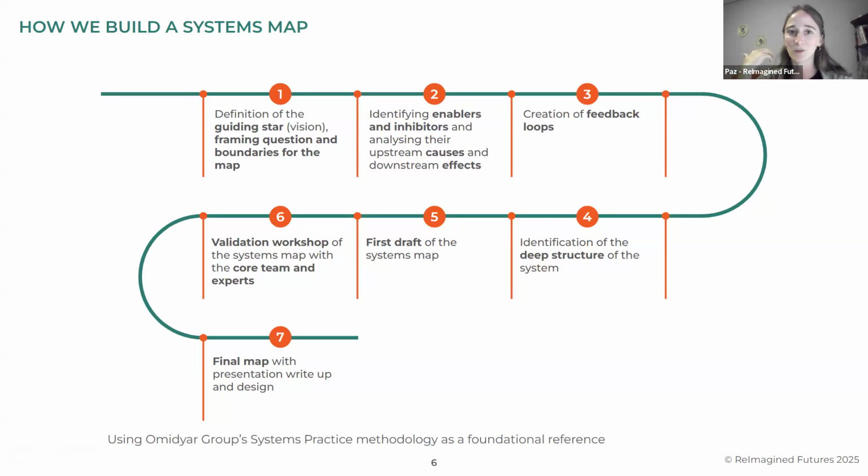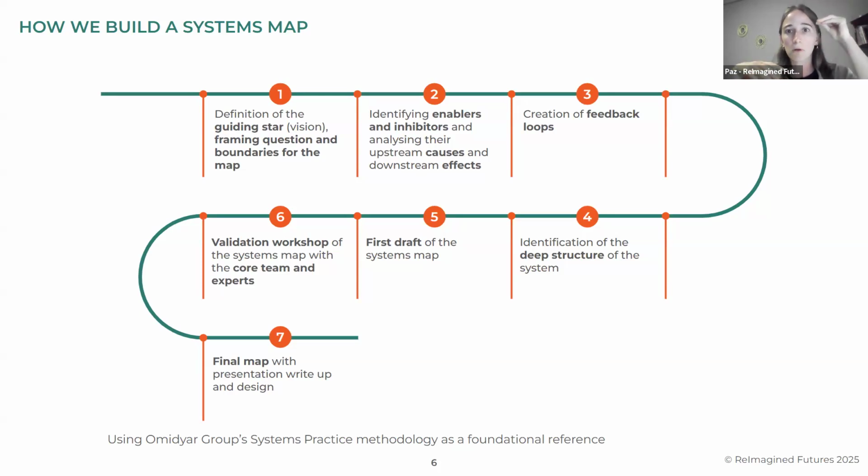We can continue working on the systems map forever. So it is very important to mention also that a systems map is still a model of the reality. Once we define the guiding star, the framing question, and the boundaries, we start researching and we start the process with the core team, and we identify the different enablers and inhibitors of the guiding star and analyze their upstream causes and the downstream effects.